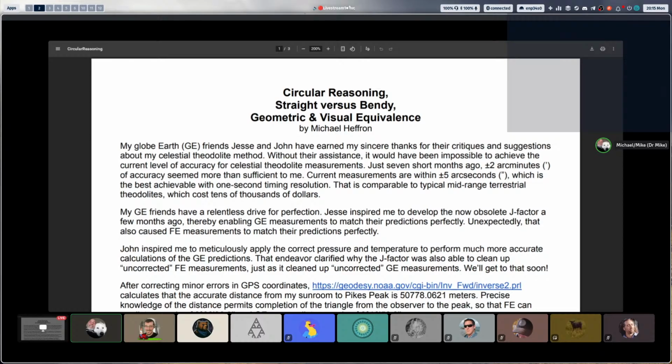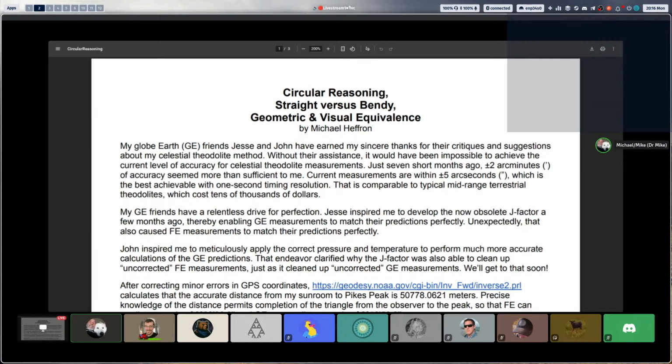People who've been here for a few weeks know that our globe Earth friends' numbers keep changing, and they're using a different refraction all the time. And it may not be obvious to everyone that is necessary, because refraction is influenced by pressure and temperature, and those things are constantly changing. That's why their numbers are constantly changing.